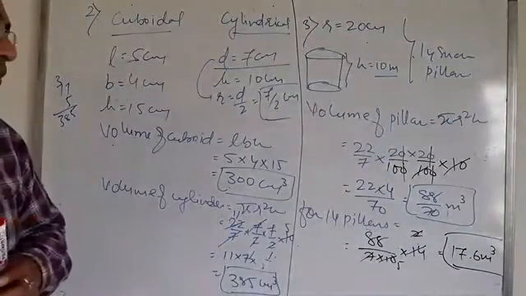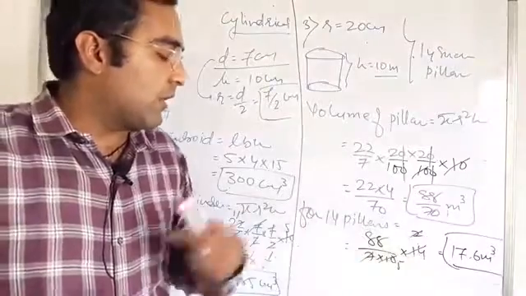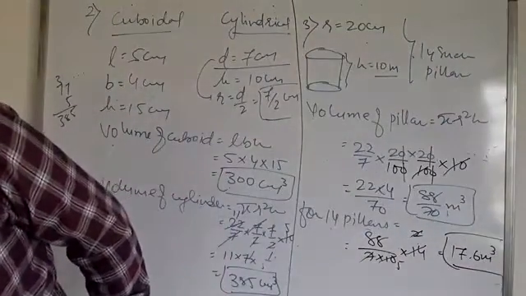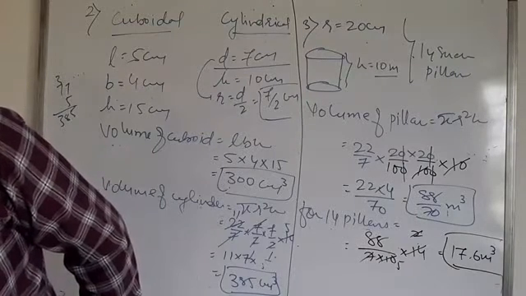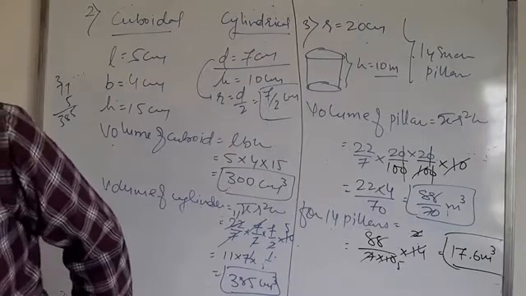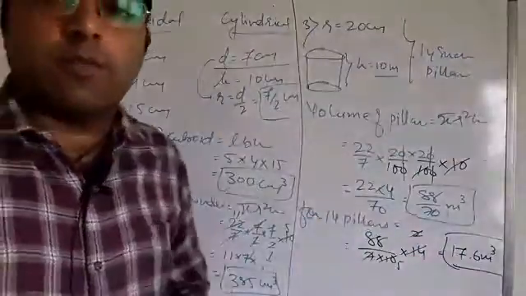My answer is 17.6 meter cube of concrete required for the 14 such pillars. Okay, clear students?